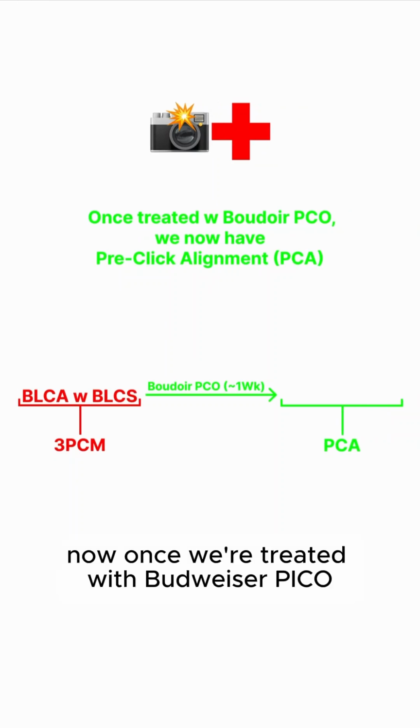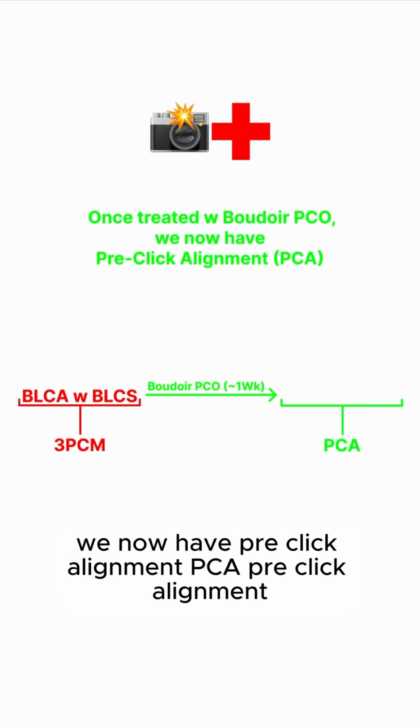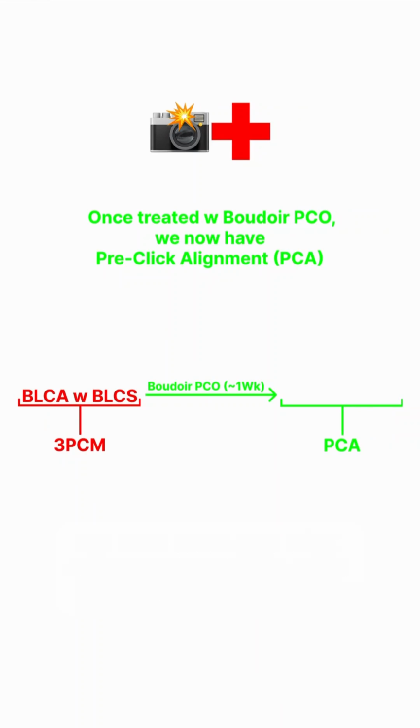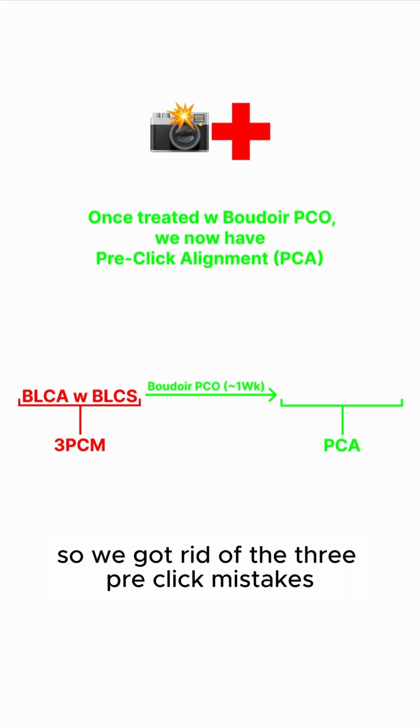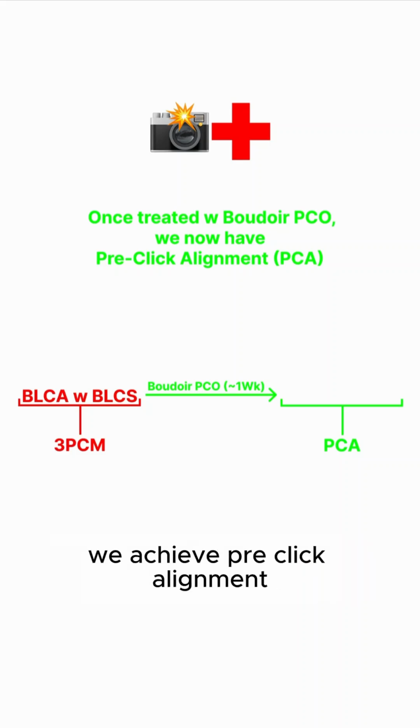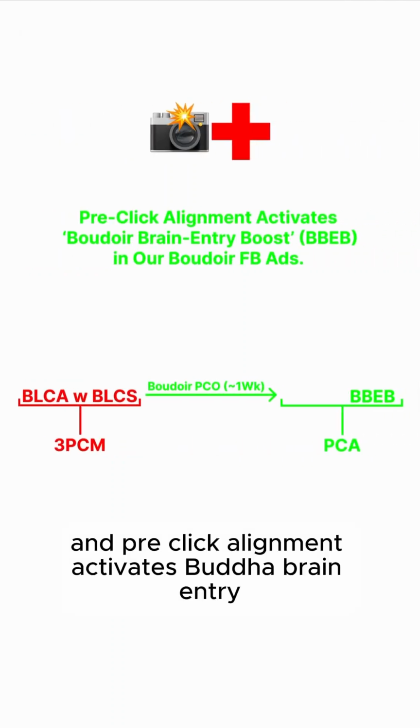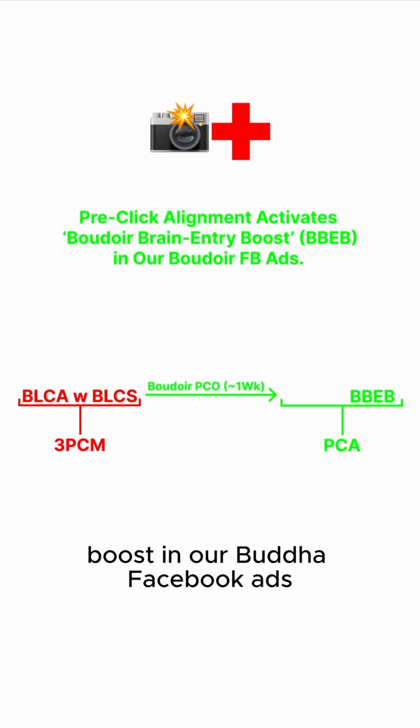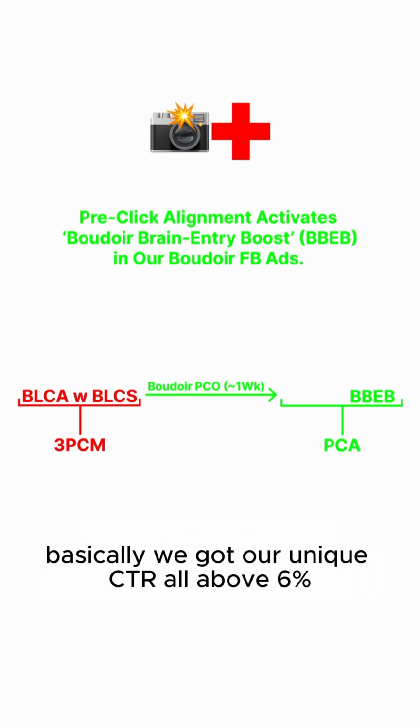Now, once treated with Boudoir Pico, we now have pre-click alignment, PCA. So we got rid of the 3 pre-click mistakes. We achieve pre-click alignment. And pre-click alignment activates Boudoir brain entry boost in our Boudoir Facebook ads. Basically, we got our unique CTR all above 6%.